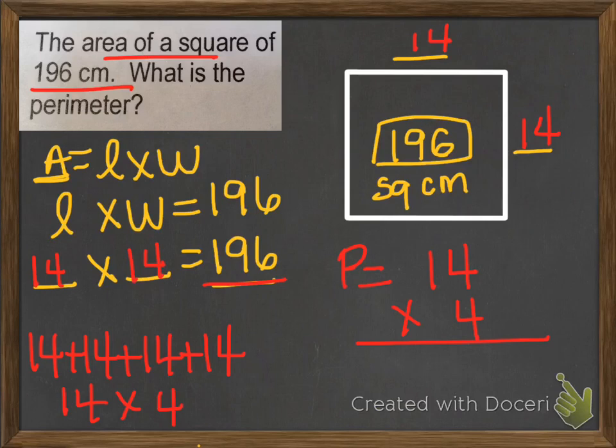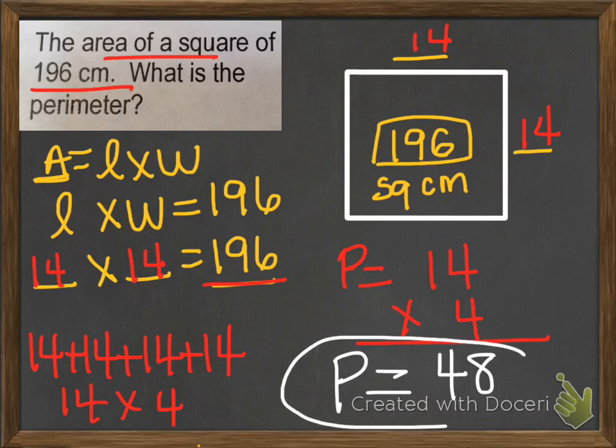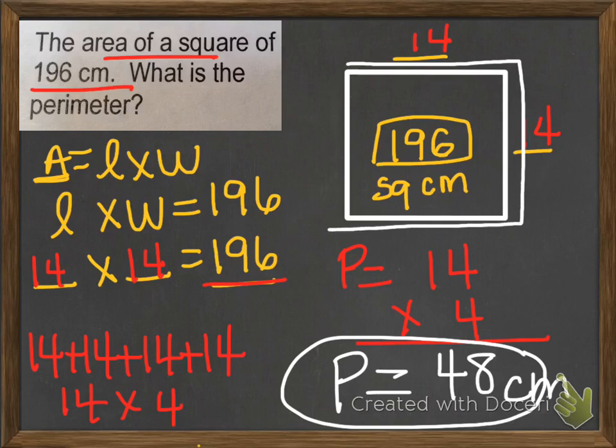All I did was stand it up on this side. So 4 times 4 is 16, and 4 times 1 is 4. The perimeter of this square is 56 centimeters. And that is just counting the measurement from here to here to here and back here.